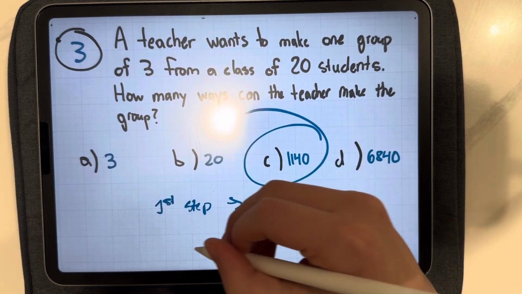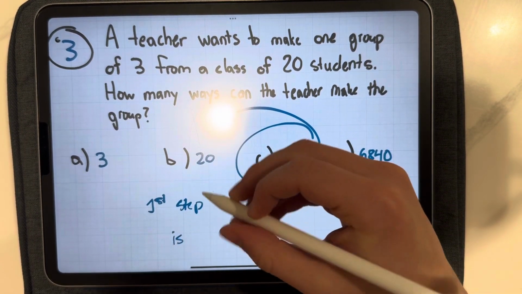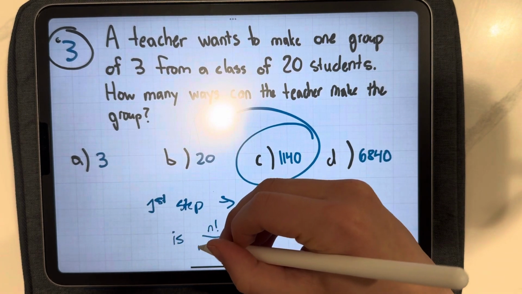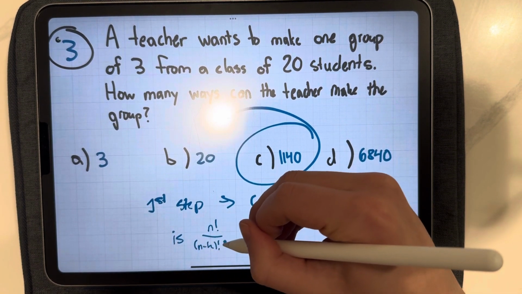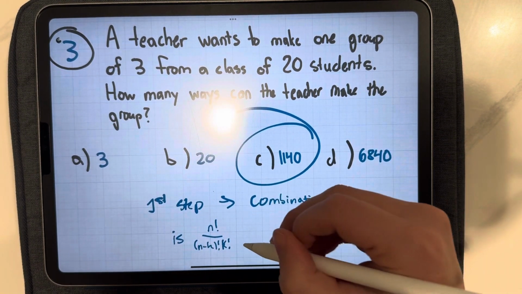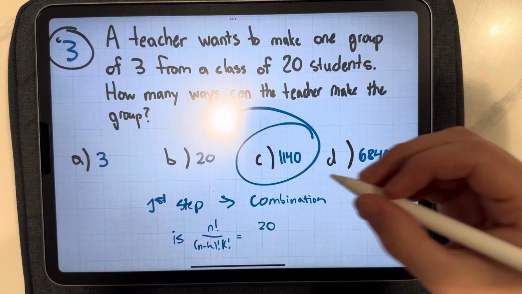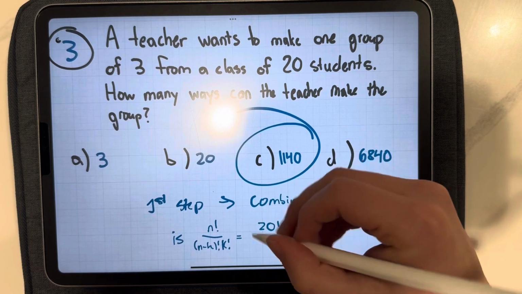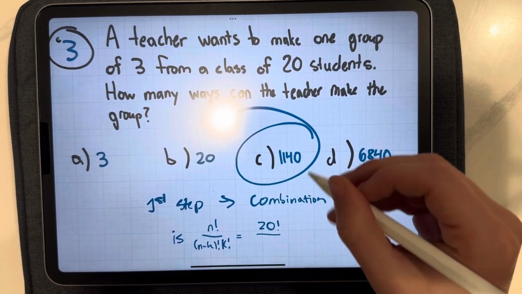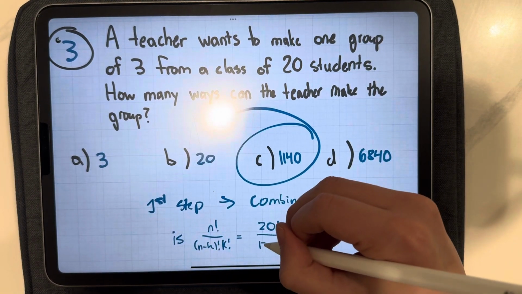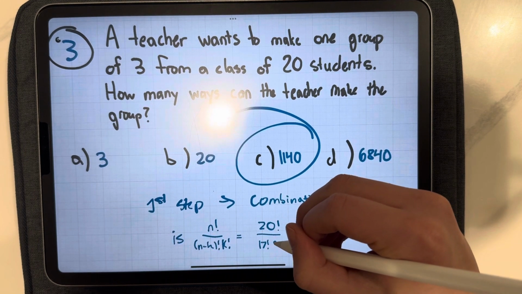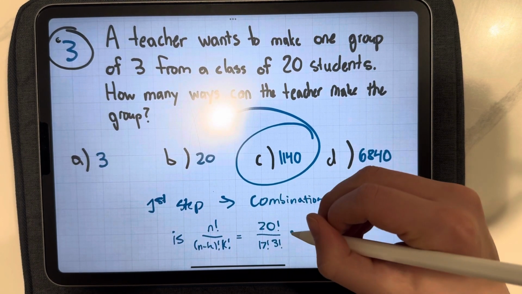So the formula for a combination is n factorial over n minus k factorial times k factorial. Our n is 20, because we have n total things, so 20 factorial. N minus k is 17, because 20 minus 3, so we have 17 factorial, and then times 3 factorial.